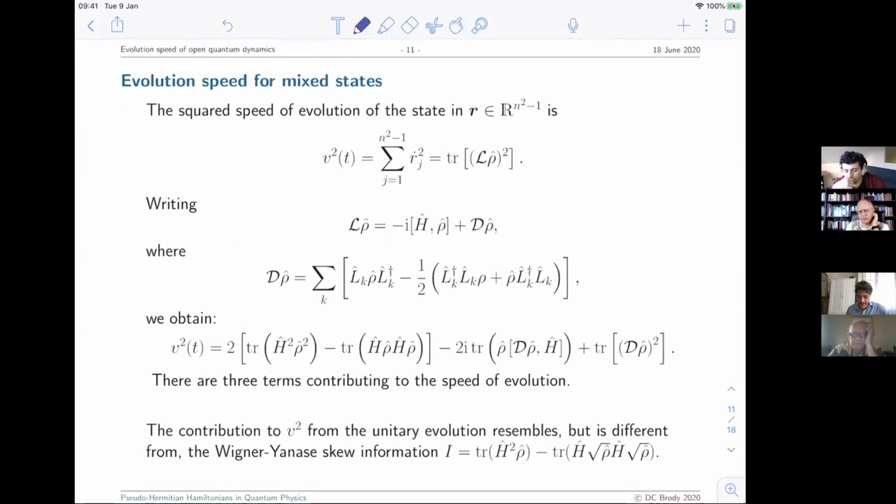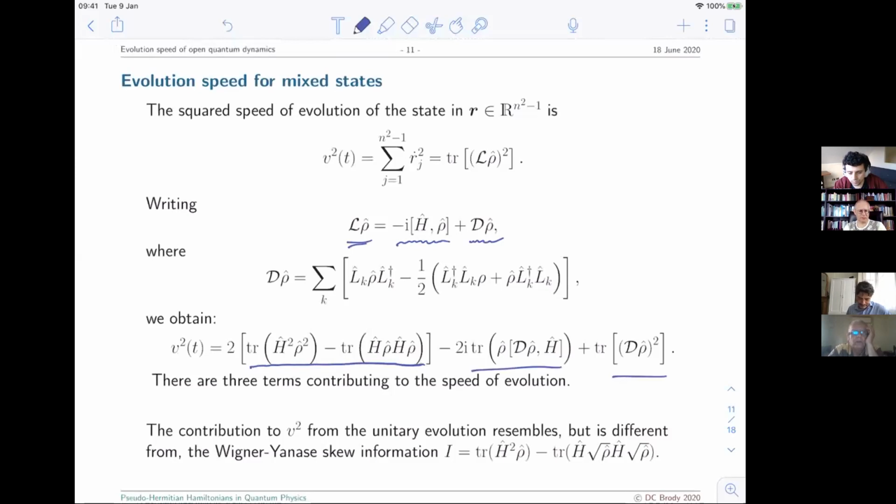And if we now write the action of the Liouville operator by isolating the unitary term and what you might call a dissipation term, D rho, where D rho is the Lindblad term, then the velocity splits into three components. The first part looks almost like the Wigner-Yanase skew information in the unitary term. Okay, so for unitary theory, the D rho equals 0. So we don't have these two terms.